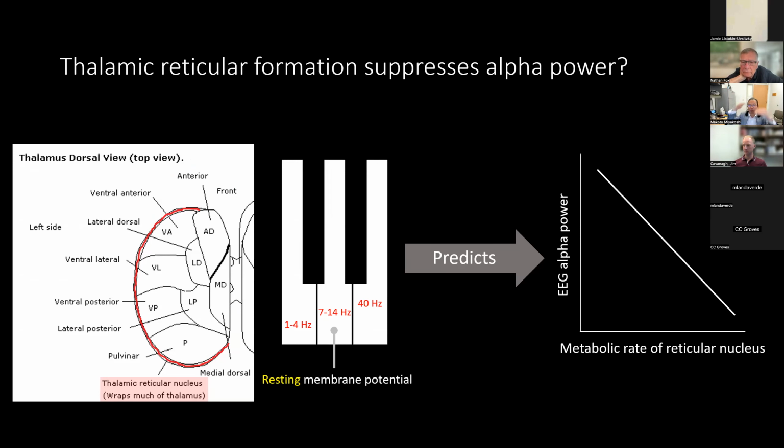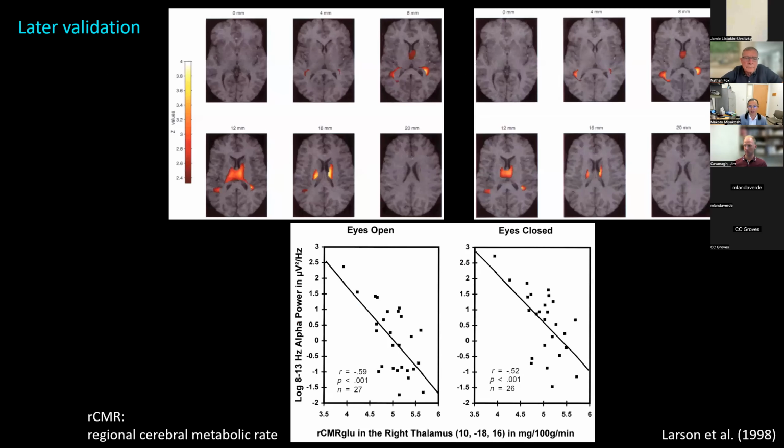So there must be such anti-correlation between this reticular formation and the cortical electric activities. So that's the prediction.